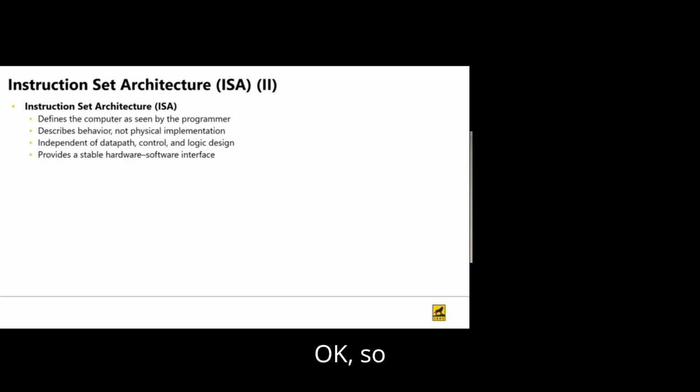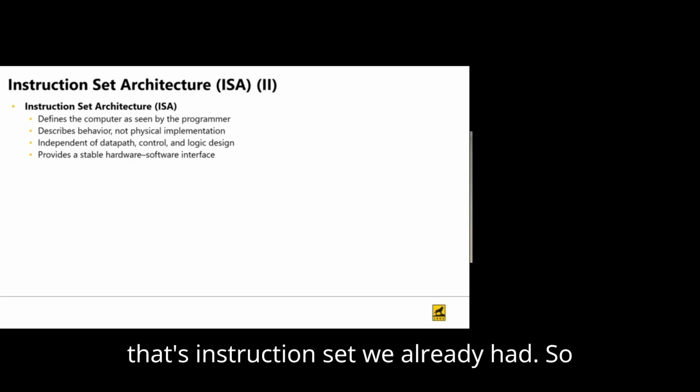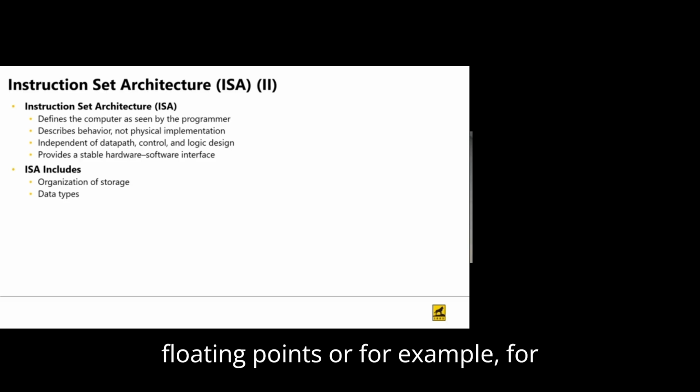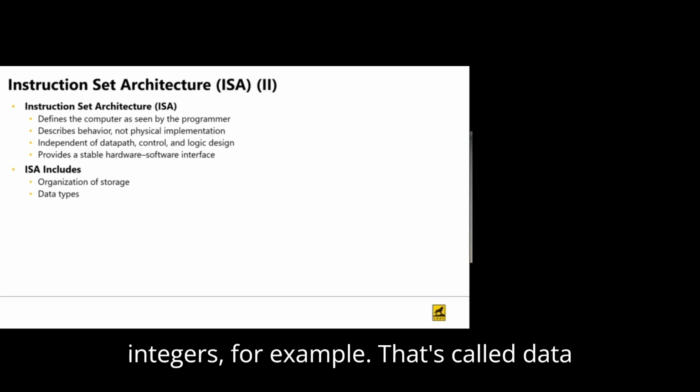Okay, so that's instruction set we already had. So instruction set architecture has these parts. Data type, like this is for floating points, or for example for integers. That's called data type.